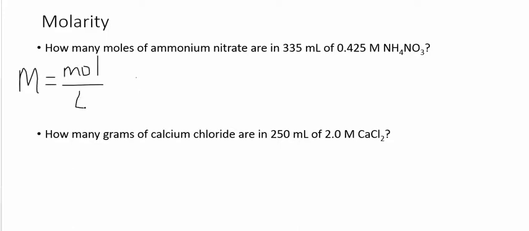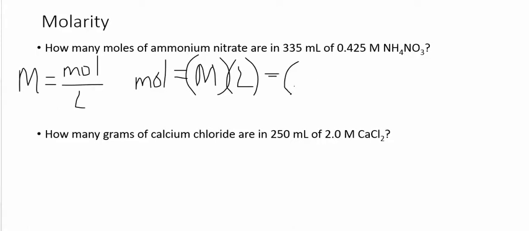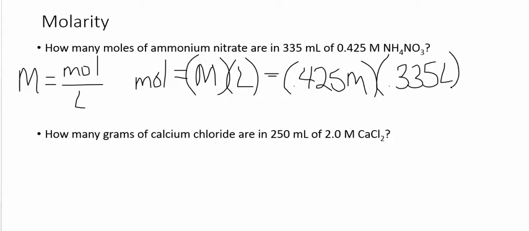So if I want to solve for moles of solute, I would take my concentration times my volume in liters, so 0.425 multiplied by the volume in liters, which is 0.335 liters. So the amount of moles of solute is 0.142 moles of ammonium nitrate.